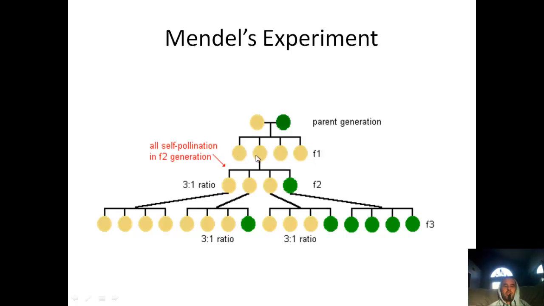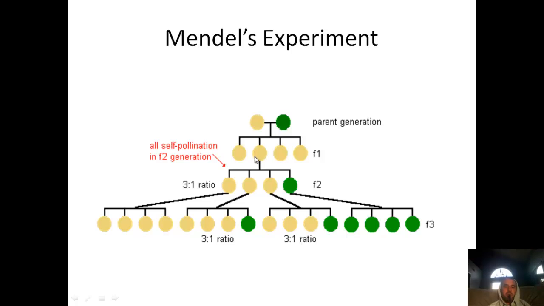He crosses in the same way, where he removes the male parts from the plant. From that first offspring generation, he cross-pollinates these plants. And then we get the F2, or second filial generation.